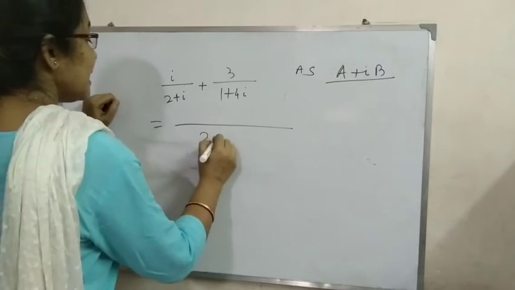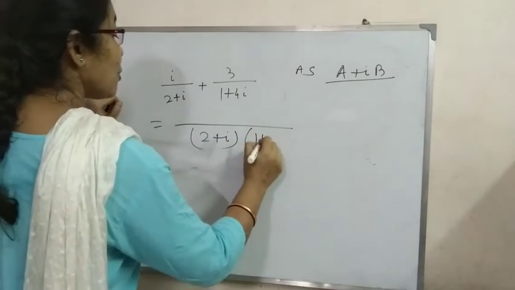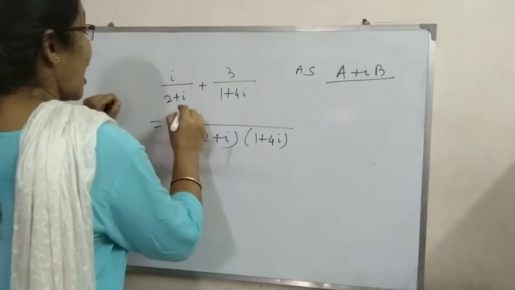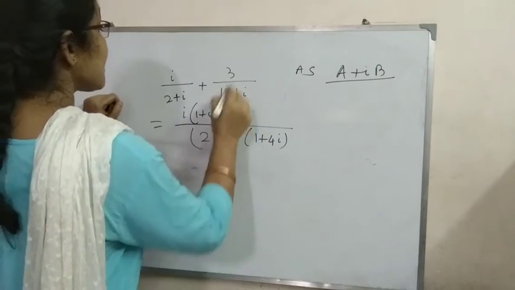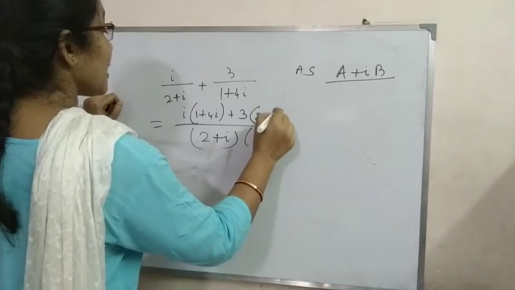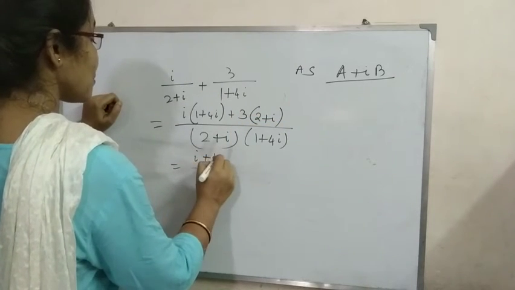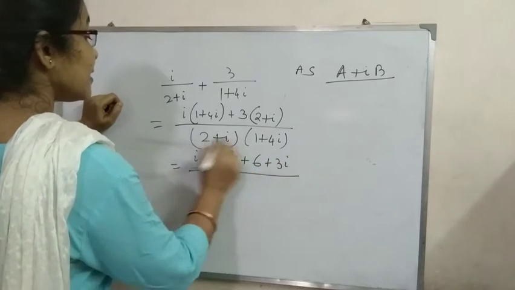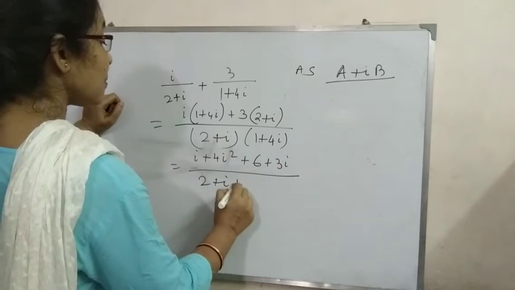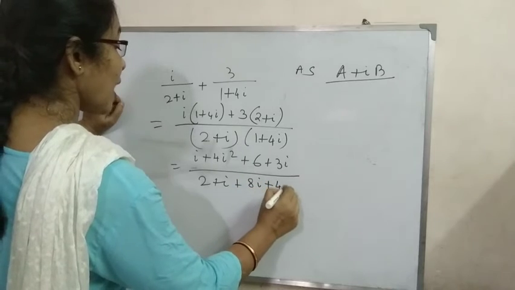That means the LCM is (2 plus i) and (1 plus 4i). i is multiplied by (1 plus 4i) and 3 is multiplied by (2 plus i). That is equal to i plus 4i square plus 6 plus 3i. This is equal to (2 plus i) plus 8i plus 4i square.